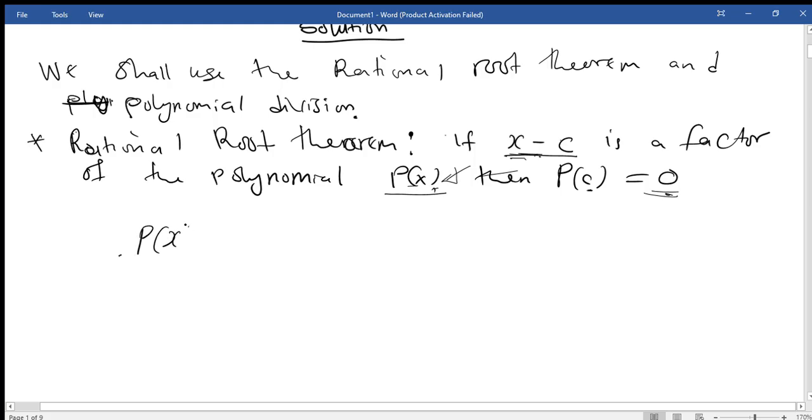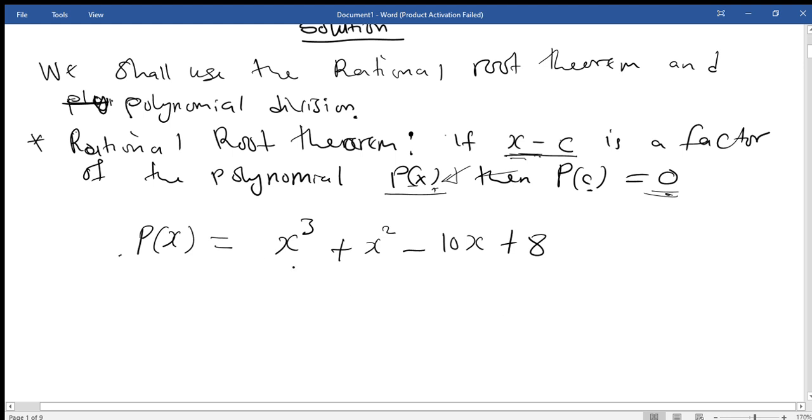Now, first thing is, what is our polynomial given? Our polynomial given in this case is x power 3 plus x squared minus 10x plus 8. If this is the polynomial given to us, then how do I break it down to be factorized?